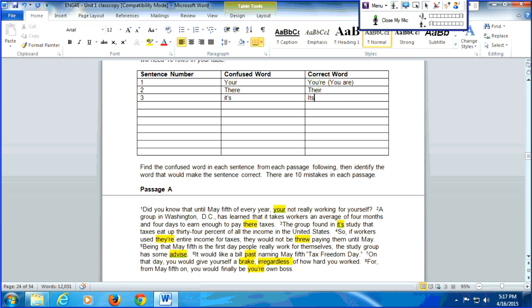So if workers used their entire income for taxes, and once again, it's THEIR because it's their money. It's your possessions. So it's THEIR. Use their money for taxes to not be through paying them until May.